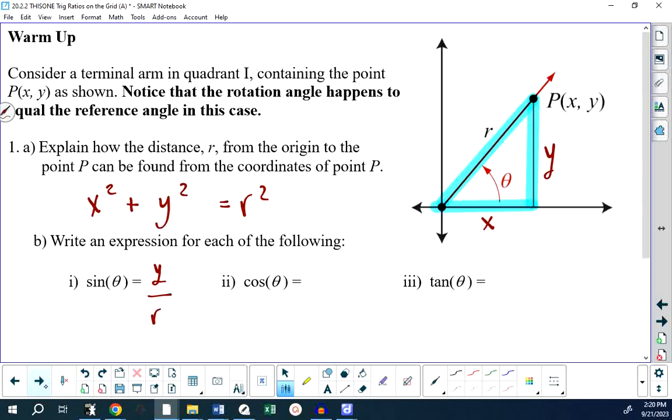So, you know how in the past when we talk about triangles we say sine is opposite over hypotenuse? From now on, no matter which quadrant it's in, we're going to be saying on the coordinate grid, sine is y over r.